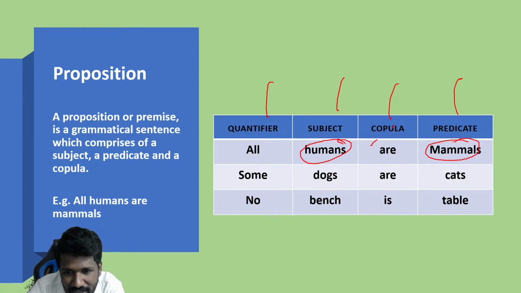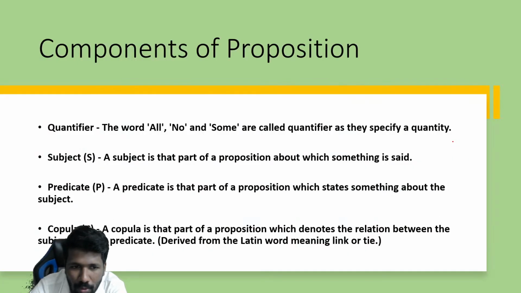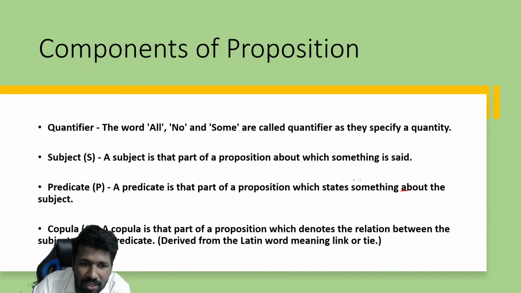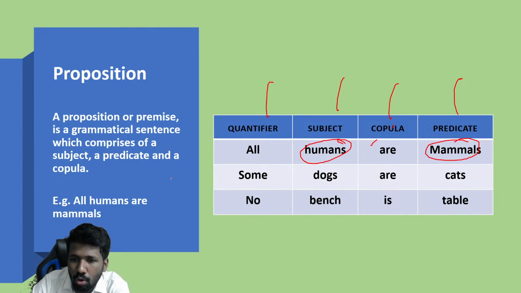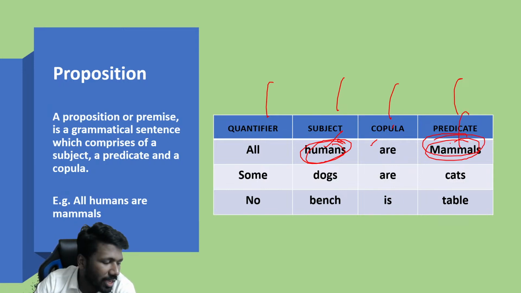Similar to that itself we can say. If you want more definition of these things, I have given here. Subject is the part of the proposition about which something is said. Predicate is that part of the proposition which states something about the subject. For example, all humans are the subject. About the humans it is told that they are mammals. So that is a predicate.